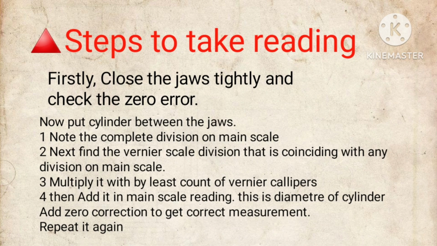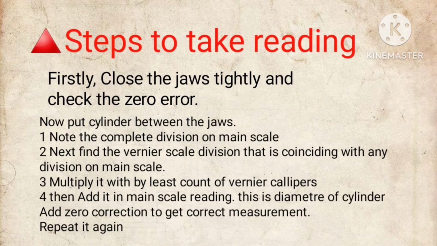Okay. Now put a solid cylinder in between the jaws and close the jaws tightly and note the complete divisions on main scale, and then find the vernier scale division that is coinciding with any division on the main scale.